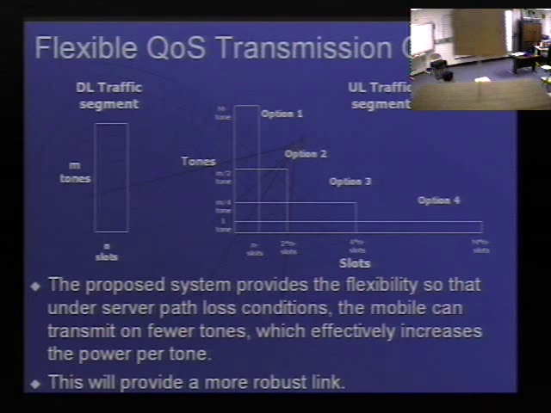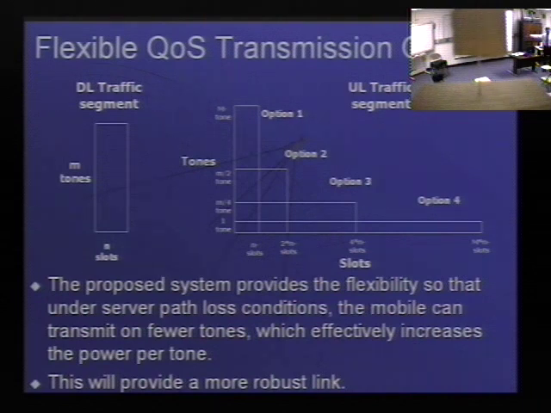For the uplink, we support different options. The first option is limited time using all the bandwidth. This is the case when the user is very close to the tower and the signal-to-noise ratio is very good, the signal is very strong, so you can use all the bandwidth to transmit the information to that user.